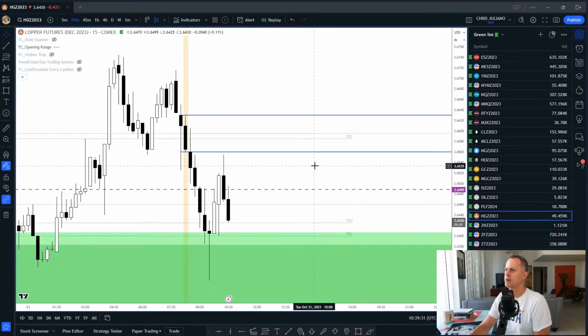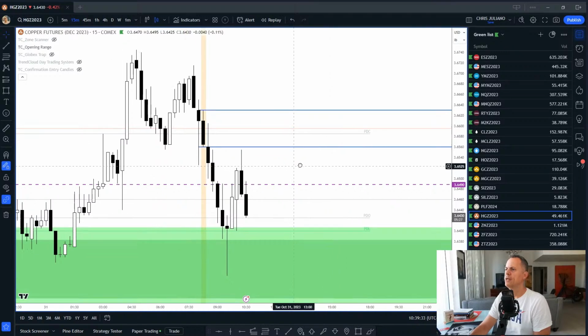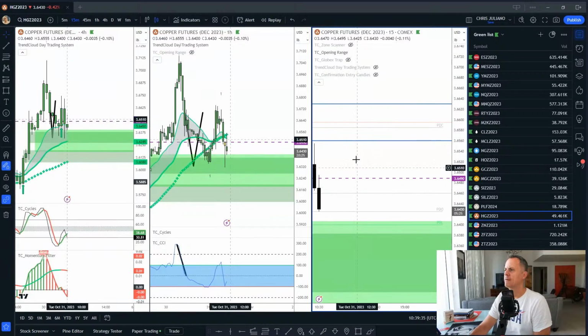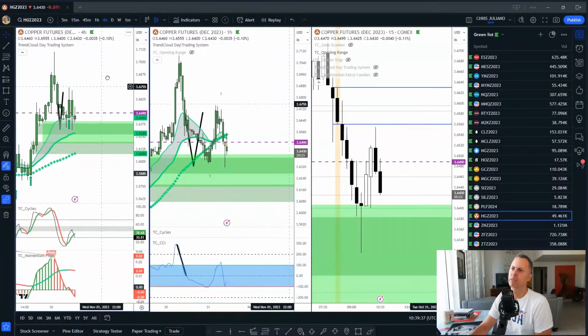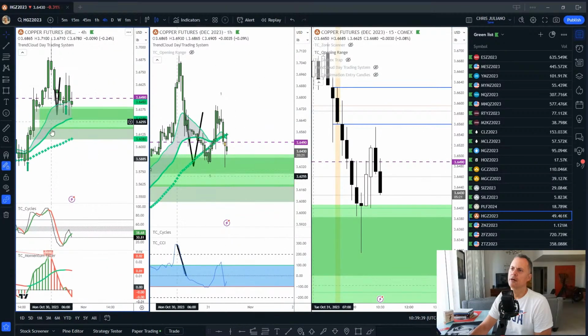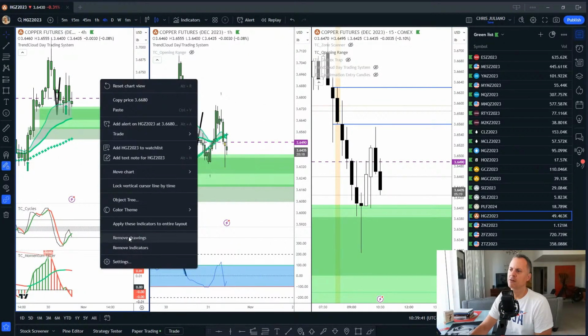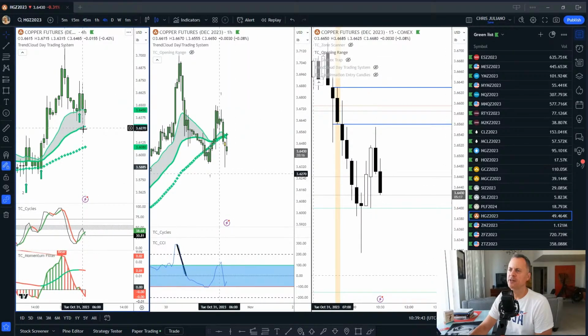Copper. Oh, look what happened with copper. Uptrend. Let's get rid of all this. We're in an uptrend on that high time frame. Corrected back, right? Here's the correction.